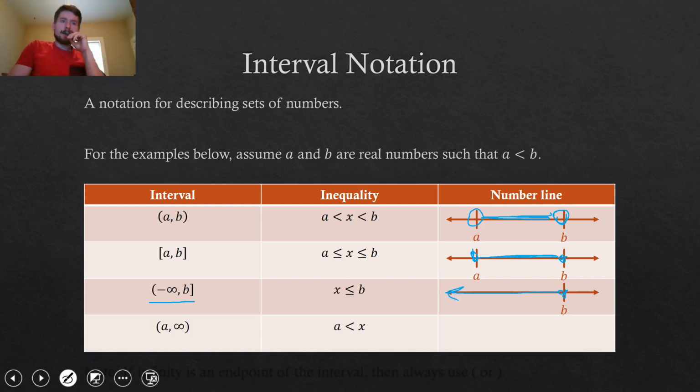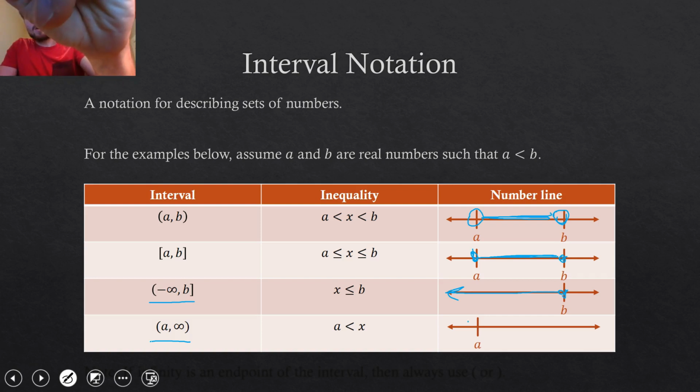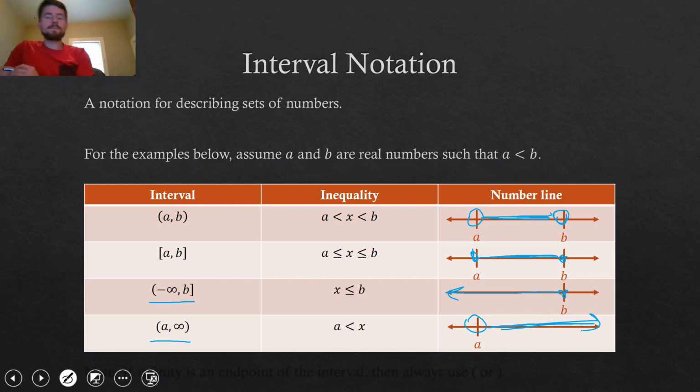And if you have parentheses, then you're going to have everything that is strictly to one side of that number. So parentheses A, infinity is going to be all the stuff that's strictly larger than A. So you would use an open circle and you would go to the right, filling in everything that way. Okay?